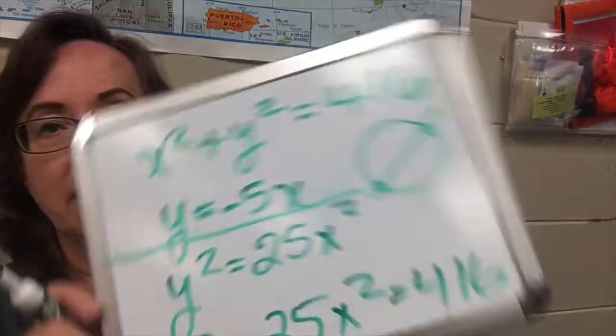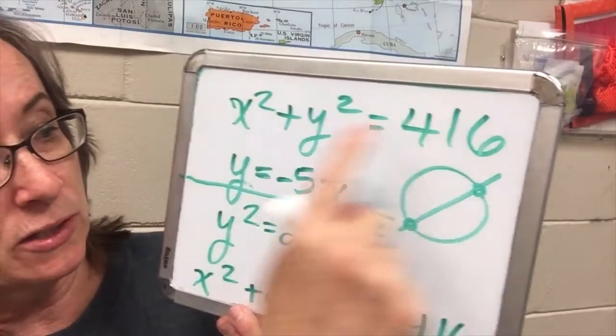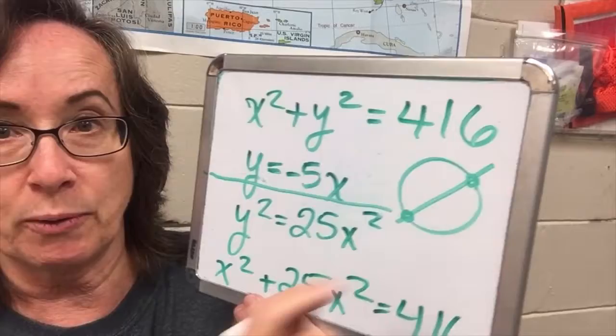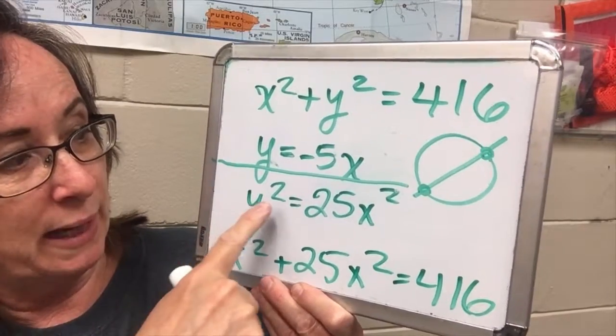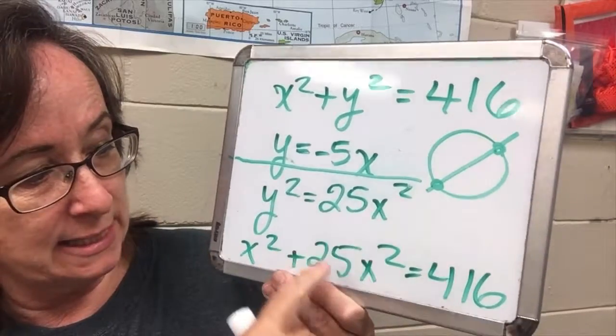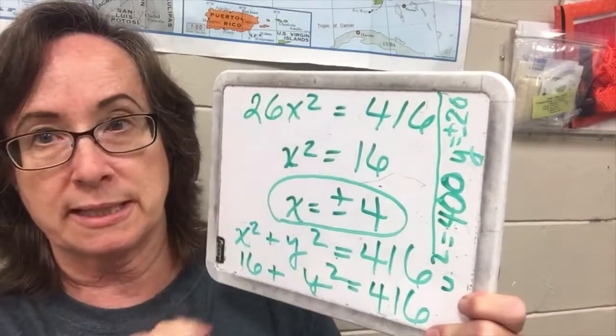So let's recap here. We started with two equations, one that was a circle and one that was a line, and we're looking for the solution points where they intersect. We squared the linear equation to get this, which gave us this, which ended up giving us 26x squared is 416.